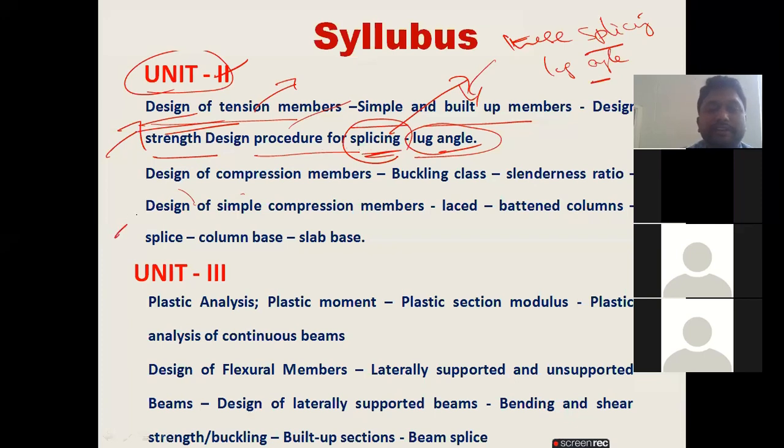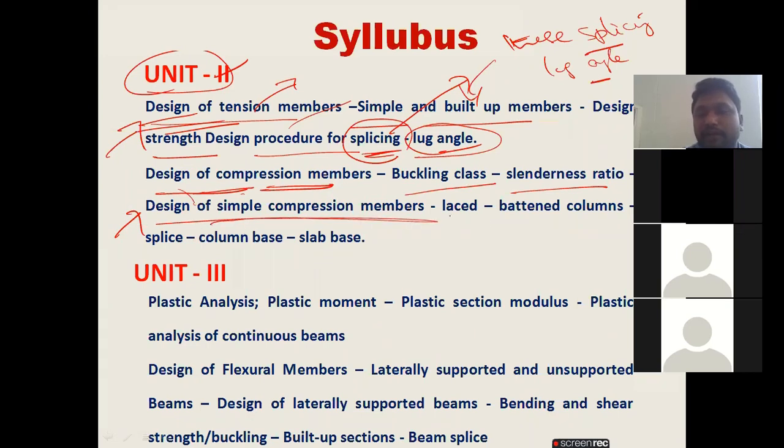And next, design of a compression member. If you observe, the compression member is completely based on the slenderness ratio, which we discussed earlier in SE1 RCC structures. It is the same, but here the material is different. Design of a compression member covers the buckling class, slenderness ratio, and design of a simple compression member.